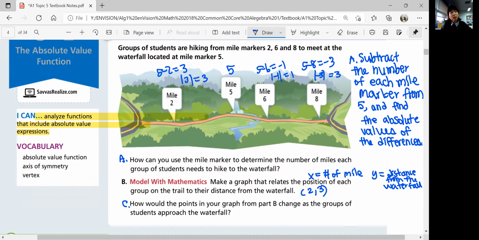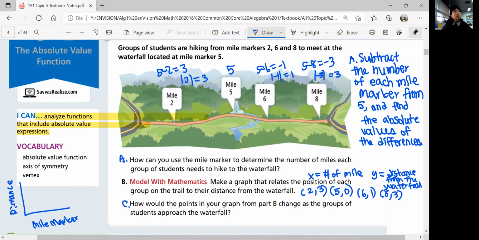So that means we have a point 2, 3. Position is mile 2, and mile 2 is 3 miles away from mile 5, the waterfall. Then we have another point 5, 0, since the waterfall is 0 distance away. And then we have 6, 1 mile away. 8, 3 miles away. So in the graph, you need to have mile marker and then distance.